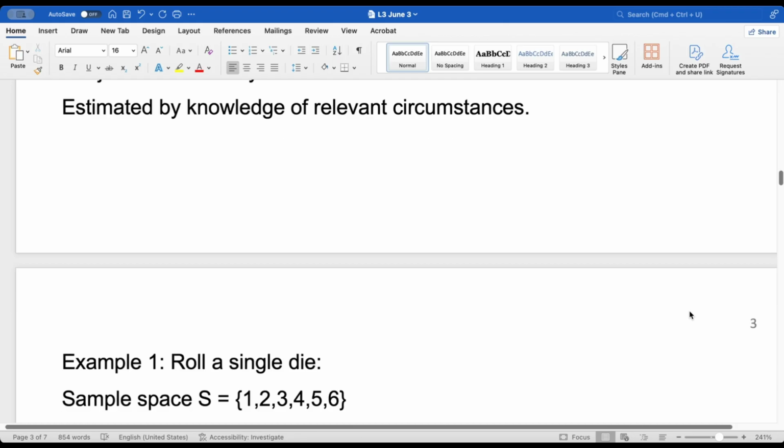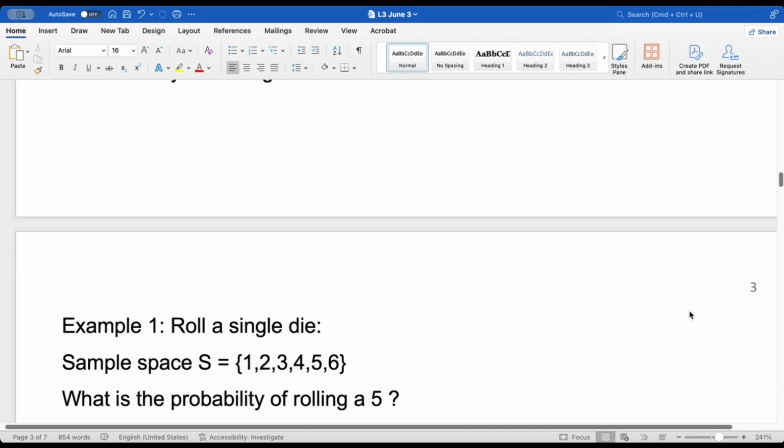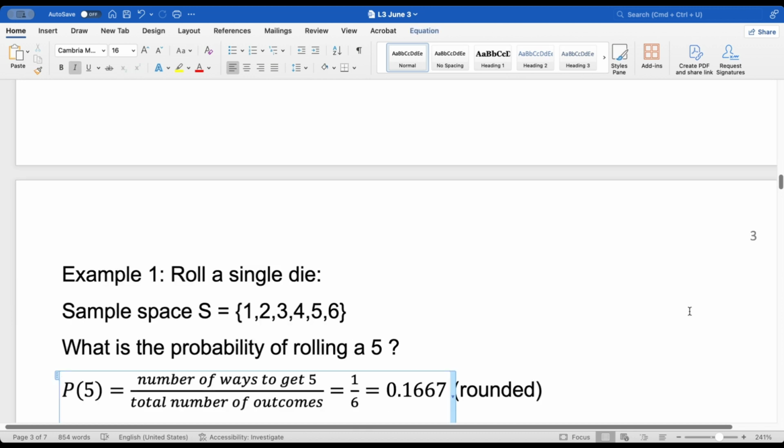So we roll a single die. There are 6 possibilities. And based on the shape, all 6 surfaces are the same size, so each probability is the same. And so the probability of rolling any one of those values is going to be 1 out of 6. There's one way to get a 5 divided by 6 total possibilities.